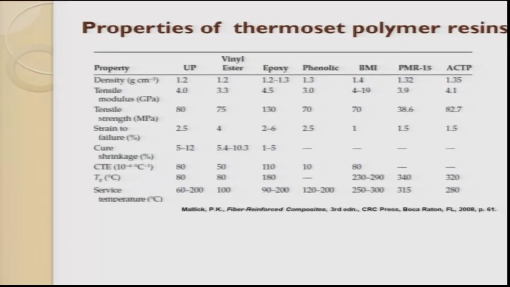You can see that I have put down the thermosets, for example vinyl ester, epoxy, phenolic, with their density, tensile properties, tensile strength, strain, shrinkage, coefficient of thermal expansion, glass transition temperature, and service temperature. Service temperature means the temperatures at which the component can be kept for its usage.